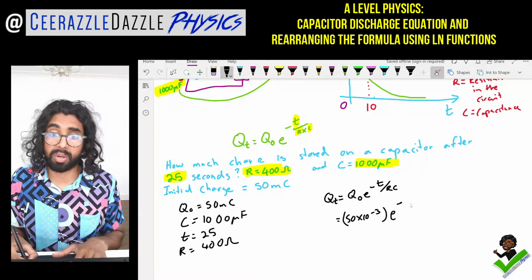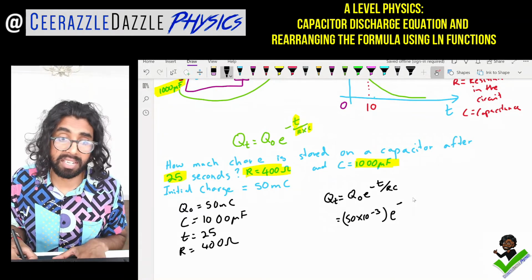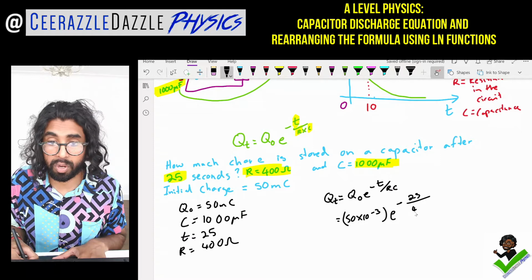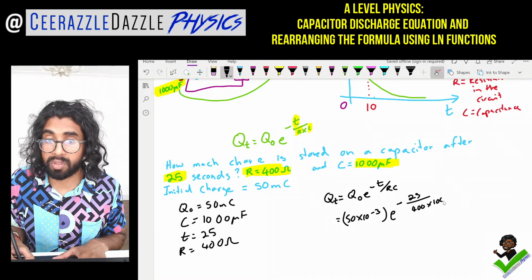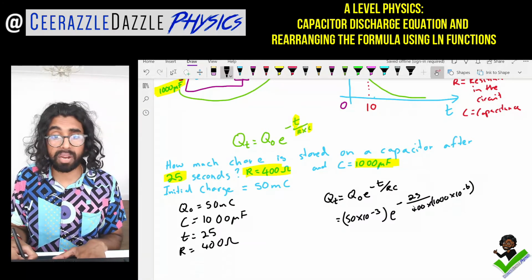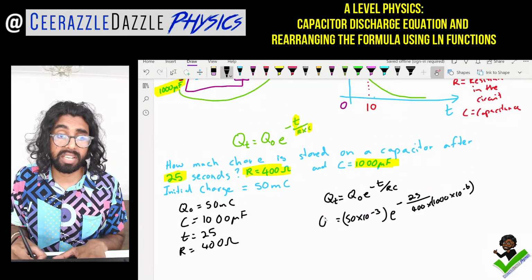I might do a video on that as well. It's e to the minus t, and t is 25 seconds, divided by the resistance, 400, times 1000 times 10 to the minus 6, all to the power of e. On the calculator, it will look like the following.